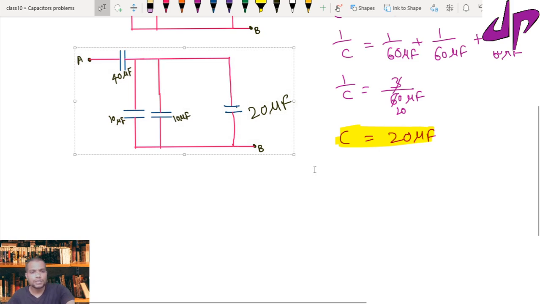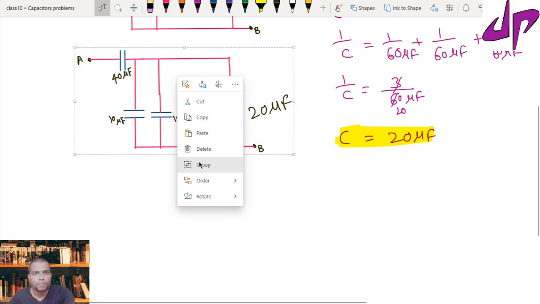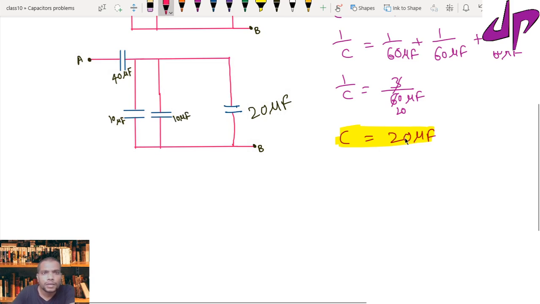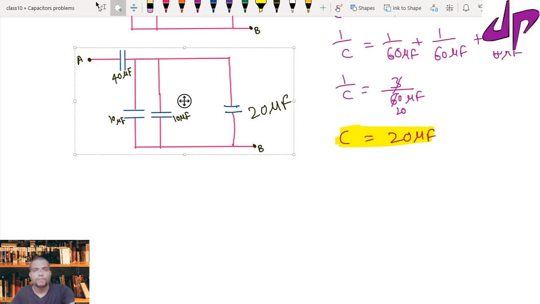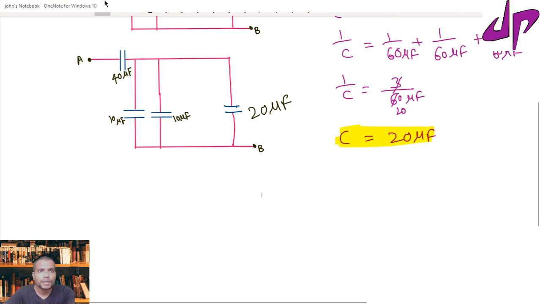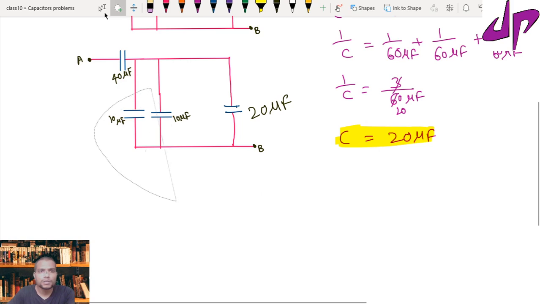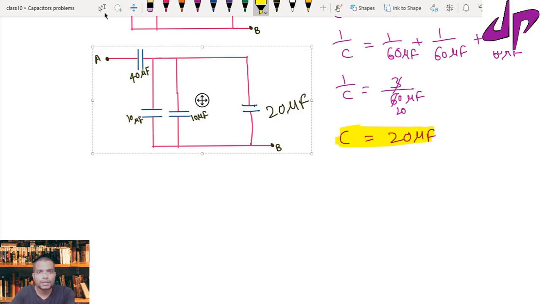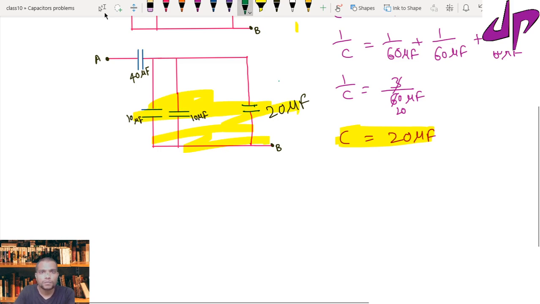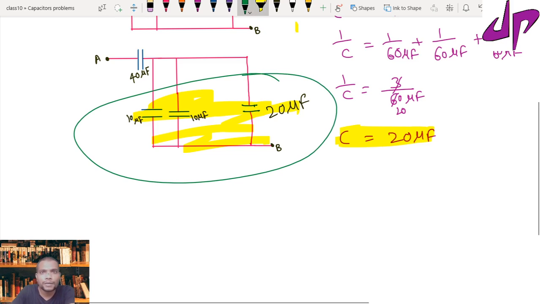Now again do the reduction, to make it small. Take these three capacitors. Sorry, they are connected in parallel. So these three are connected in parallel.